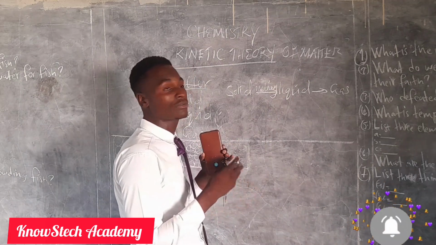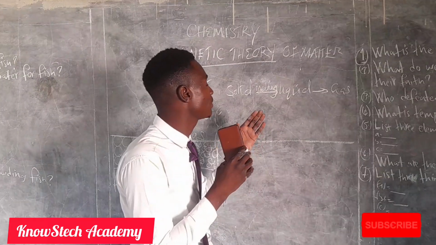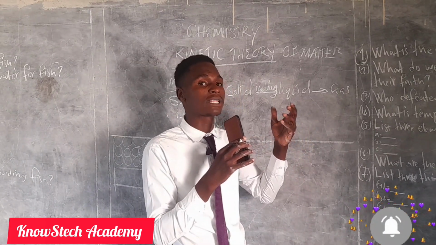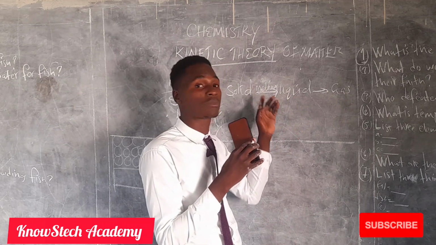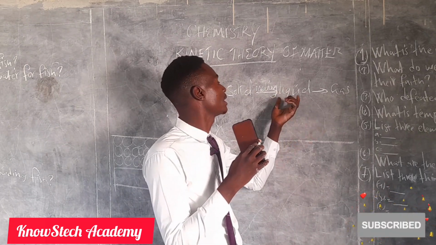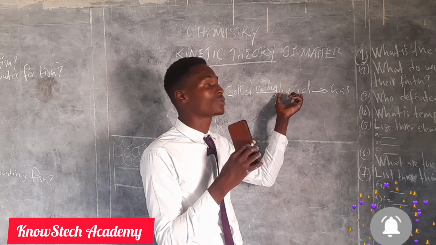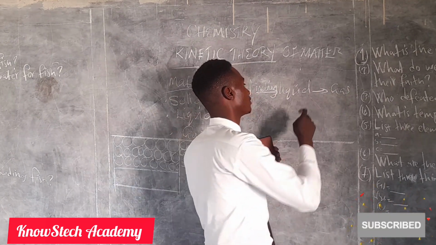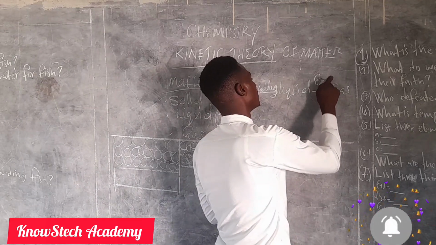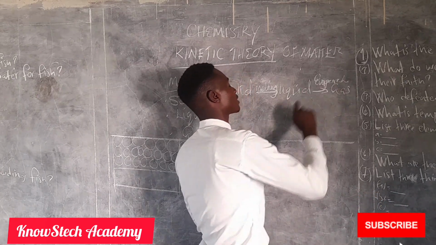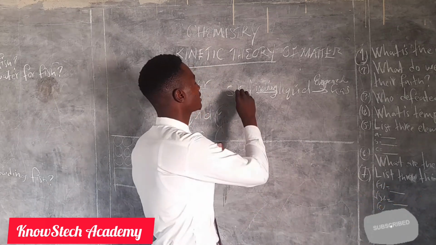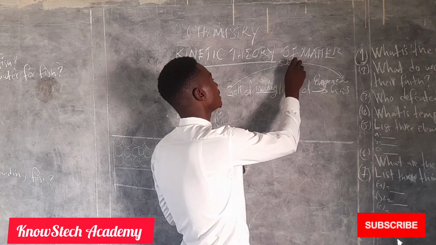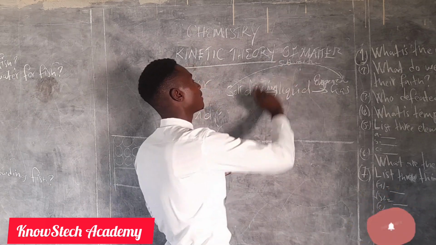You have, for example, ice, which has to be put at a temperature slightly higher than the freezing point, or the melting point in short, for it to melt to liquid. Then the change from liquid to gas is called evaporation. Then there is a direct change from solid to gas, which is called sublimation.